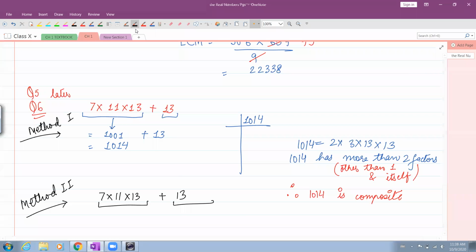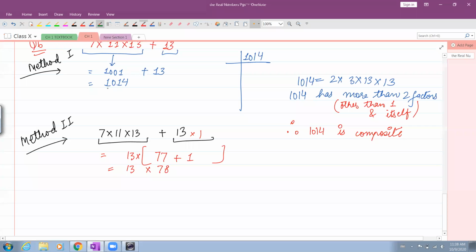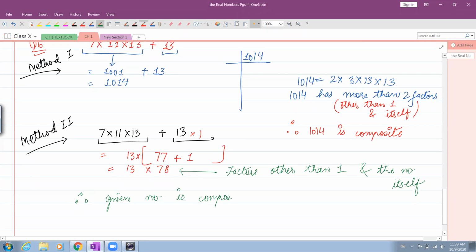So we have this. 13 is common. Let me know if this makes sense.